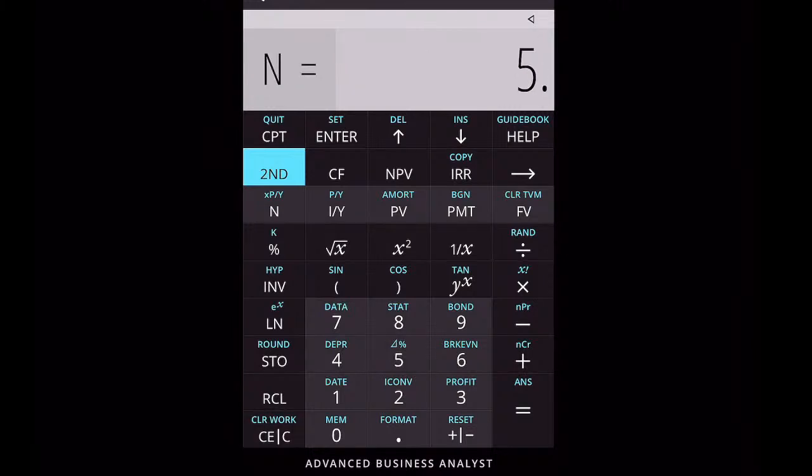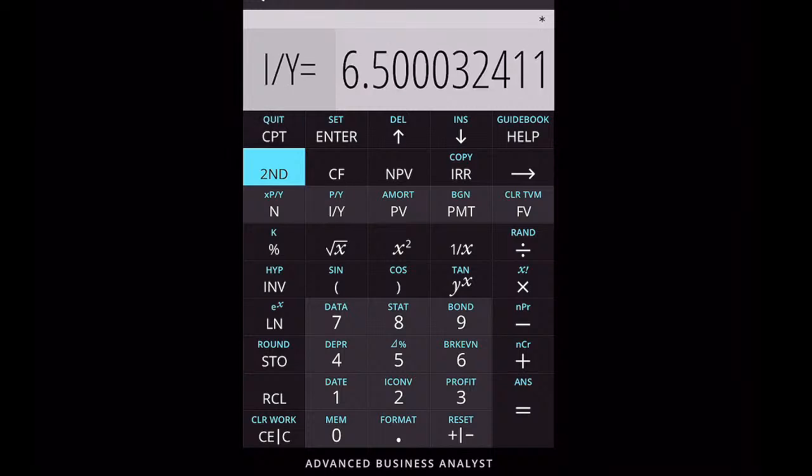So I leave interest blank. I put a negative there. The payment is 30 and the FV face value is 1,000, and I compute the interest rate, 6.5000.